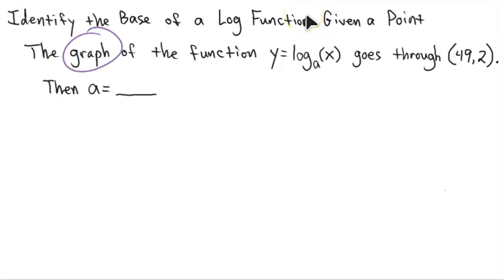It says the graph of the function y equals log base a goes through the point 49, 2, and we want to know what a is. What's the base of this logarithm? Well, we see that x is 49 and y is 2. So we're going to put 2 in for y, and 49 in for x.